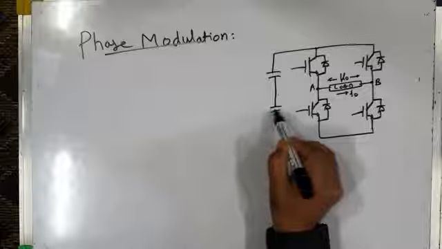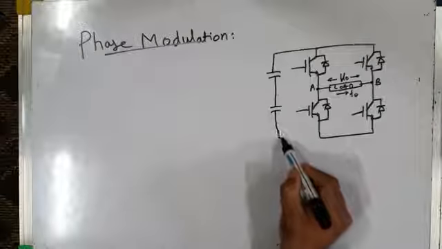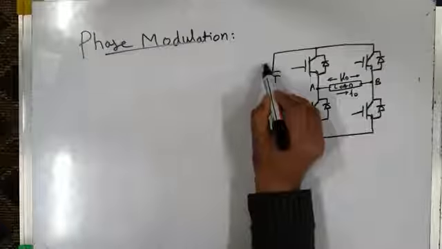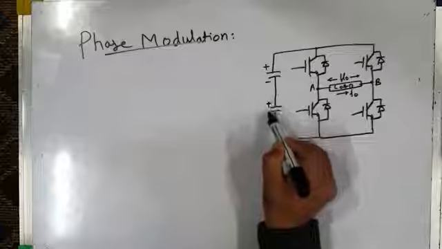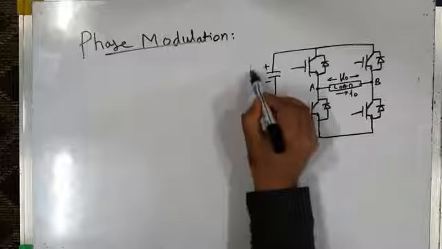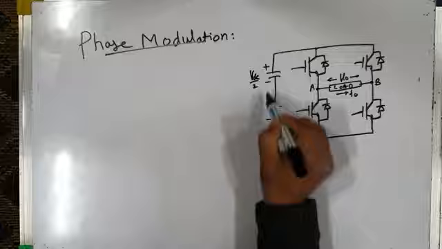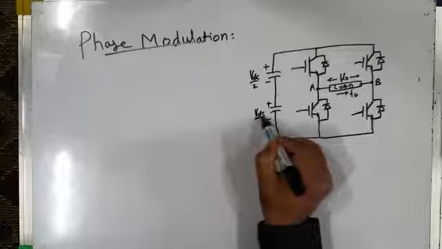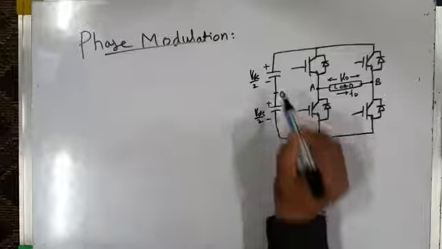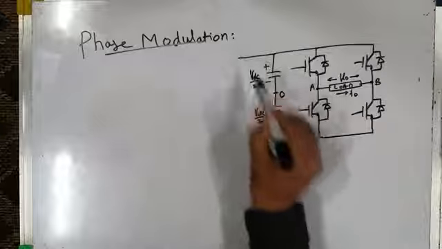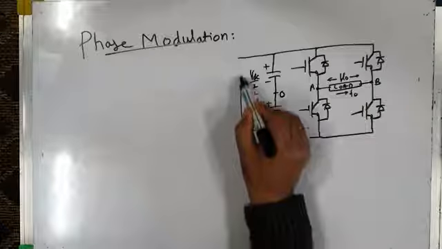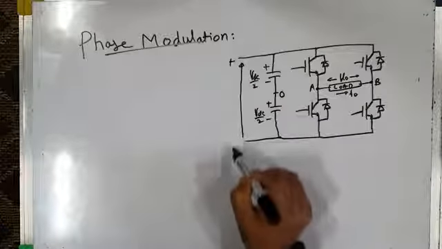We are already familiar with this circuit topology. This is the power circuit diagram of a single phase PWM voltage source inverter. This is VDC by 2. This is also VDC by 2. This is the midpoint of the DC bus capacitors, and this is the total DC bus voltage, VDC.